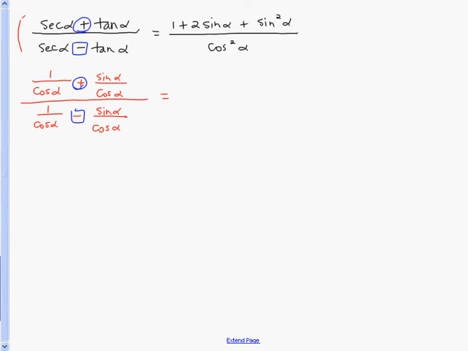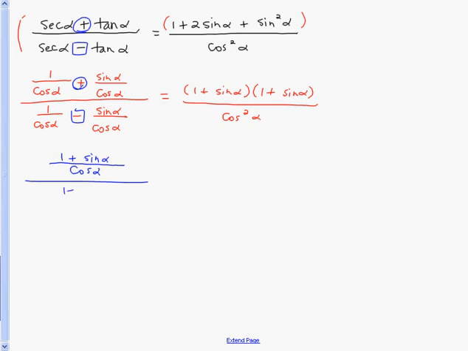While I'm looking at this, I notice that this top is factorable. This breaks into 1 plus sine of theta times 1 plus sine of theta. Or some people might write that as 1 plus sine squared of theta. Alright. Back on the left-hand side, I'm going to get that common denominator. I have cosine of theta over. On the top, I have 1 plus sine of theta. On the bottom, I have 1 minus sine of theta.